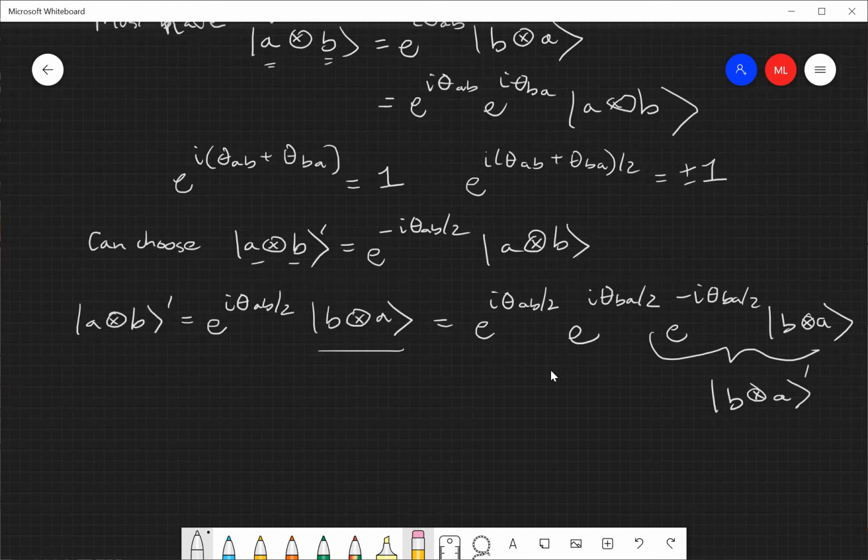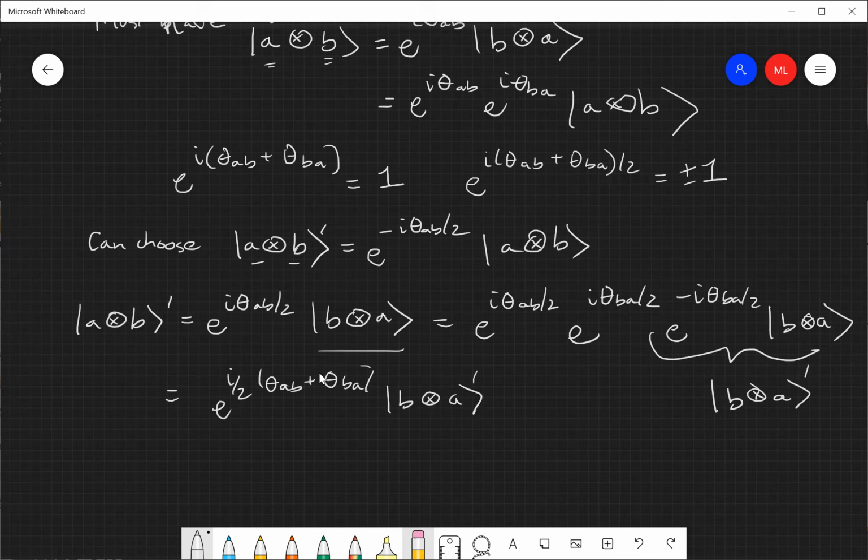And this piece just combines. And so what we find is that when you exchange A and B for these new state definitions, you just get e to the i over 2 times theta AB plus theta BA, times BA prime. Just those new state definitions.